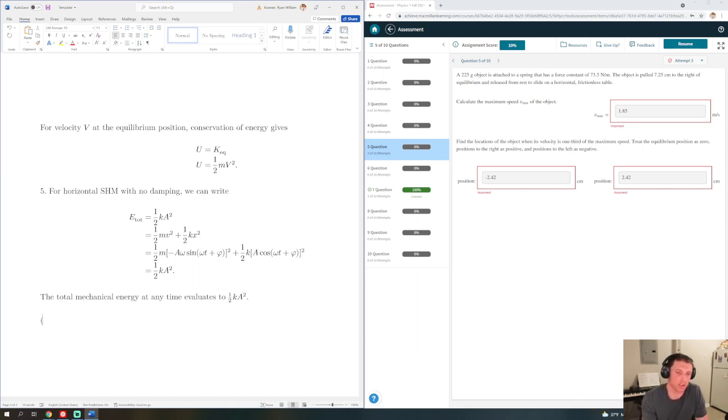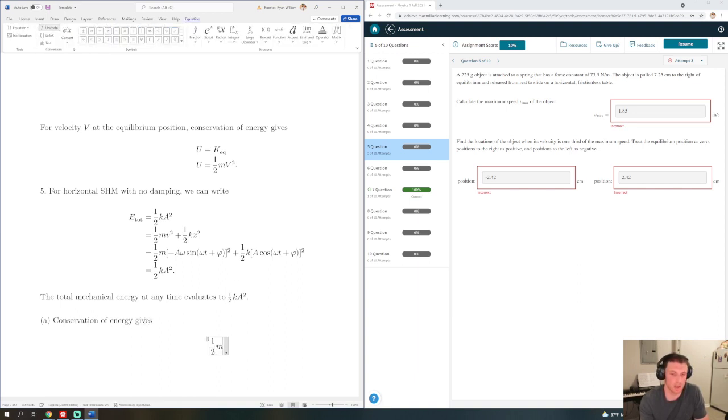So for, let's call this A, conservation of energy gives 1/2 m, and I'll say it's big V again for the equilibrium speed or velocity, and this equals 1/2 k A squared.